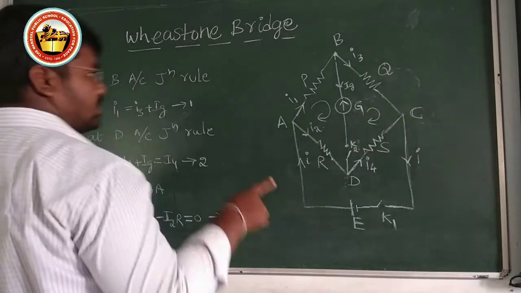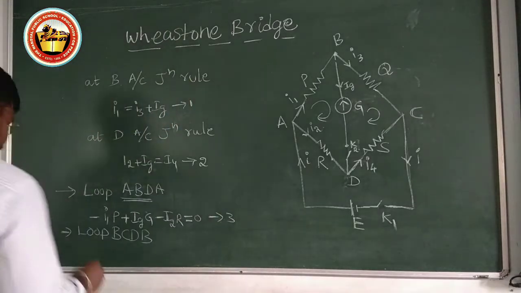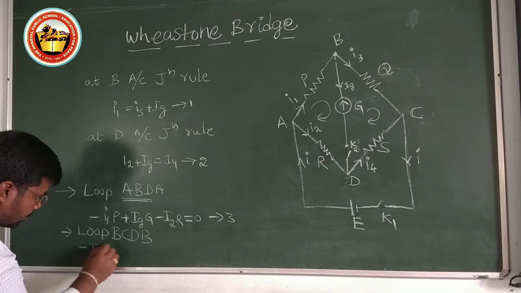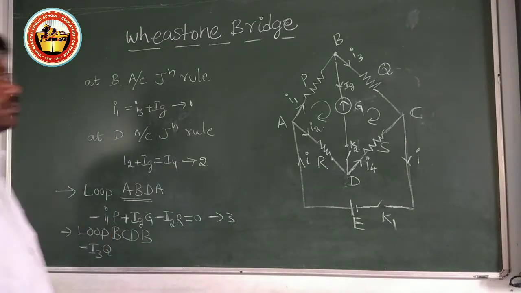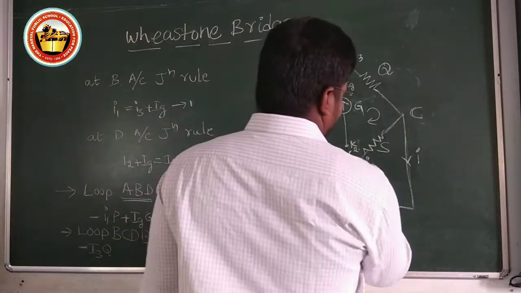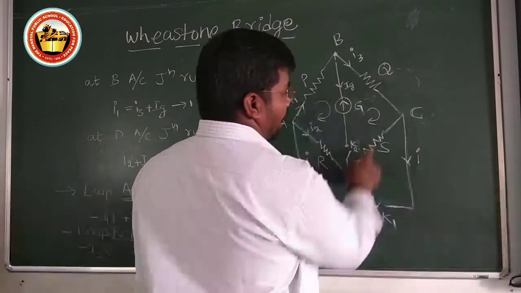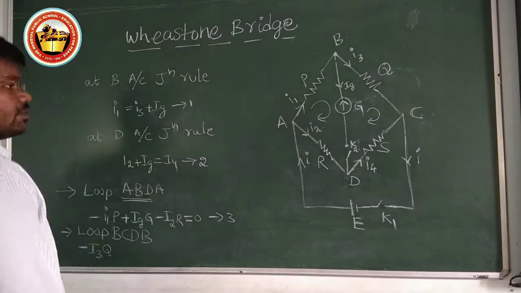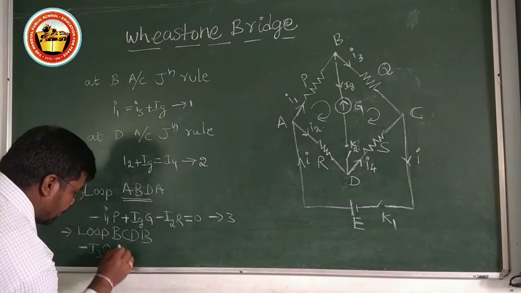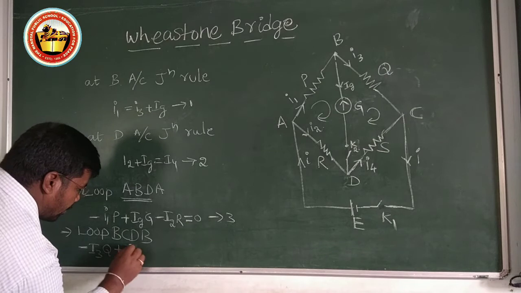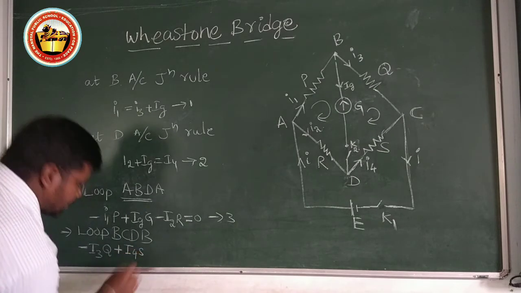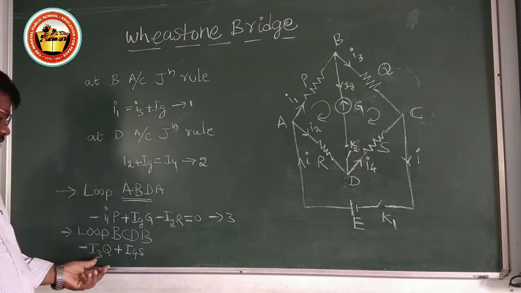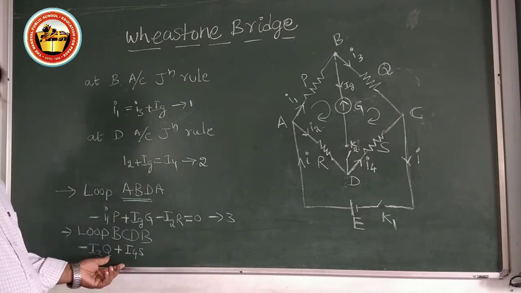According to sign convention, we have to take a negative sign, minus I3 Q. And here the current direction is opposite to the clockwise direction, so plus I4 S. Okay, so according to Ohm's law, the potential is V equal to IR.